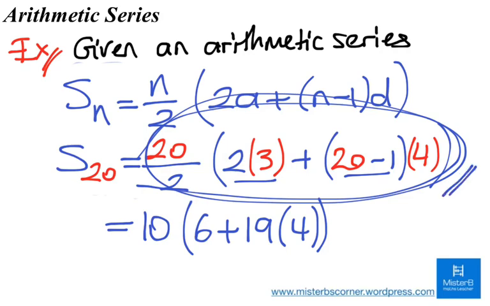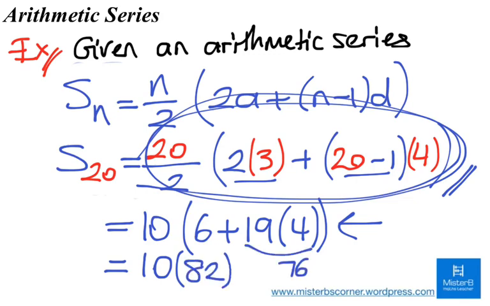So it's best if you simplify like this and then key this into your calculator, but it's your choice. That's going to be 10 times, well, 76 plus 6 is 82. So I'm going to end up with 820 as the answer.